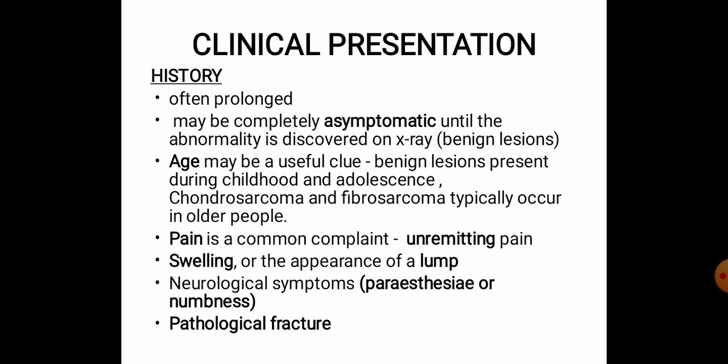So this kind of growth can involve some neural changes. Mainly there can be paresthesia, that is variations in the sensation, and numbness, which is actually an absence of sensation. So these are the neural symptoms which can be found in cancerous growth.